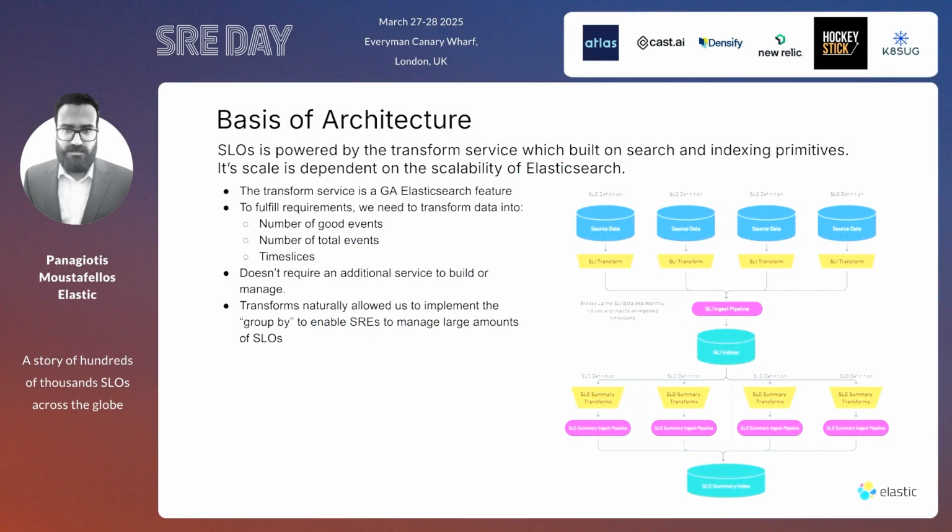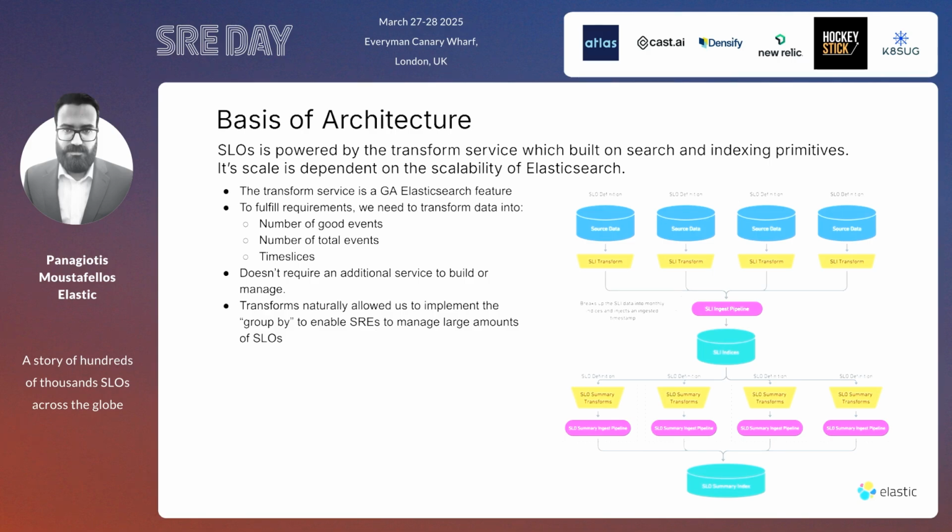Now, to get to the meat of that system, it's a pretty simple system at a high level. It only leverages primitives available in Elasticsearch, so there's no third-party system required to operate this. We have a service called Transform Service that is responsible for acting on the source observability data and transforming it into data that can then be indexed into what we call the SLI ingest indices.